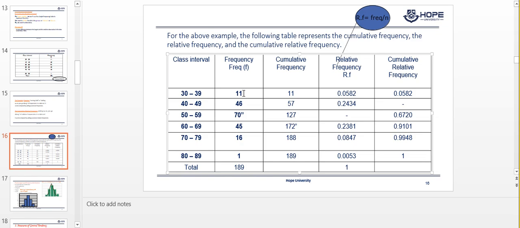For example, 11 divided by 189, we get this number. 46 divided by 189, we get this number. 70 divided by 189, which is missing as you see.